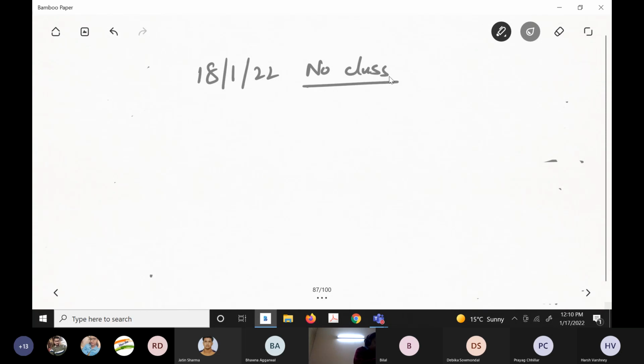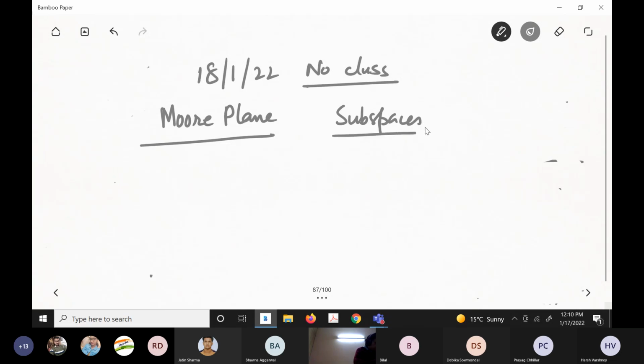Okay. Now the thing is that I want to talk about two things, Moore plane. That I will do a little later on. But before that, I want to talk about subspaces. Okay. Now look here.